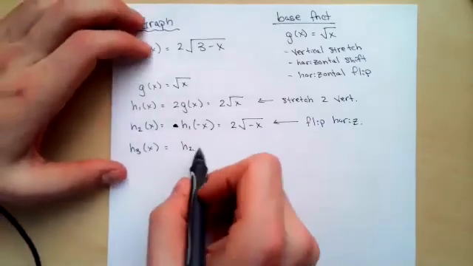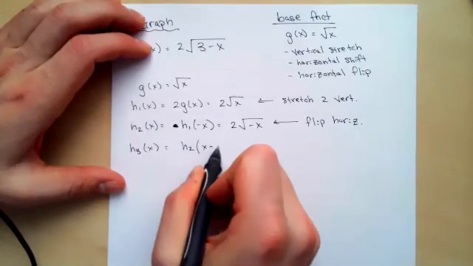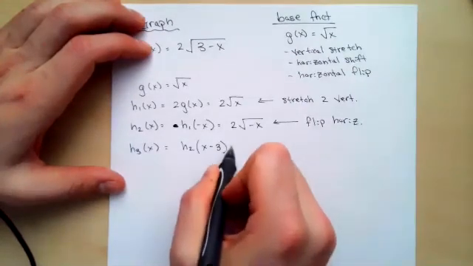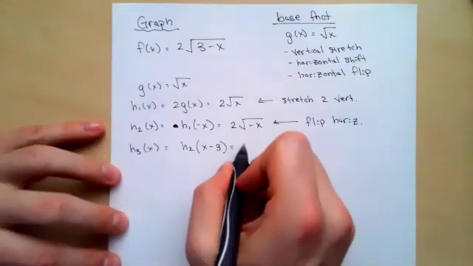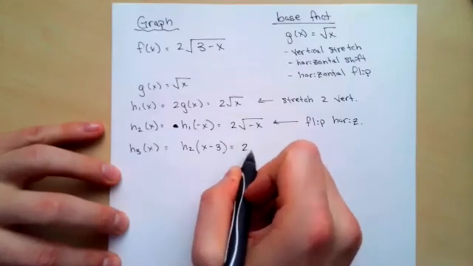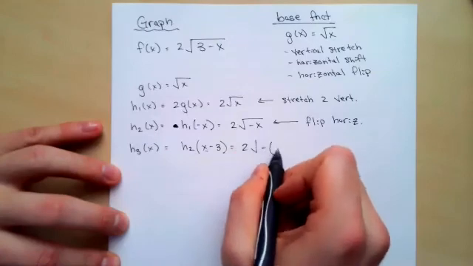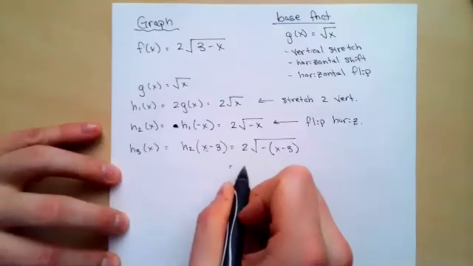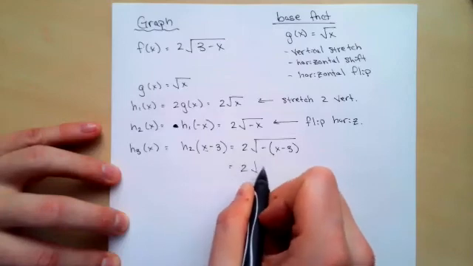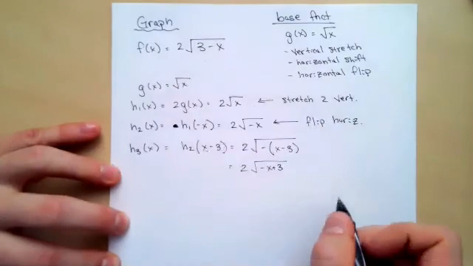Add 3. So we've got to be careful. We actually want to shift to the right, because then we will have a negative, and now we're putting an x minus 3 in for x, which will simplify to that expression.